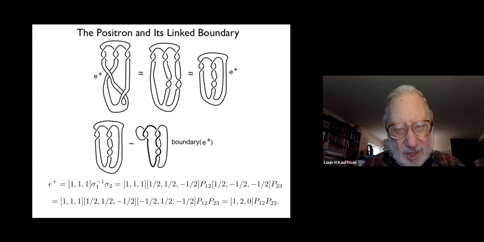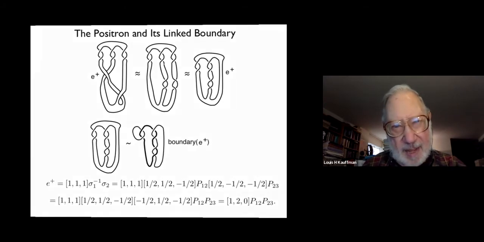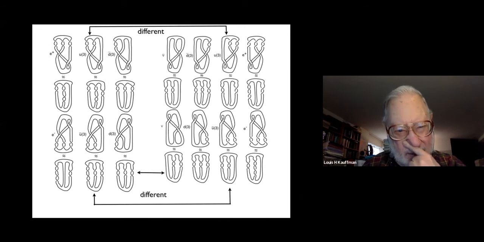But this is all a little unfinished, and it has the feeling that it should have been more finished than this by now, but that's the way it is. So that's what some of this looks like. You see, you can take those particles and start twisting their surfaces around.